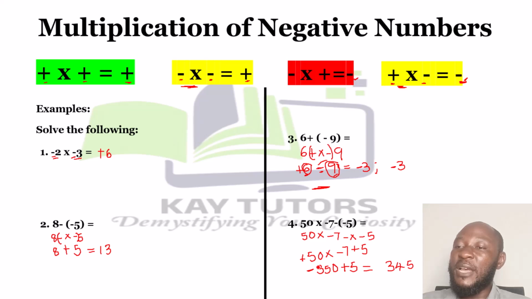Now, ignore the signs once more, and 5 here and 350 here. Which one is bigger? Of course, it is glaring that 350 is bigger. Now, 350 that is bigger, which sign is it carrying? It's carrying a negative sign, and that is my answer.